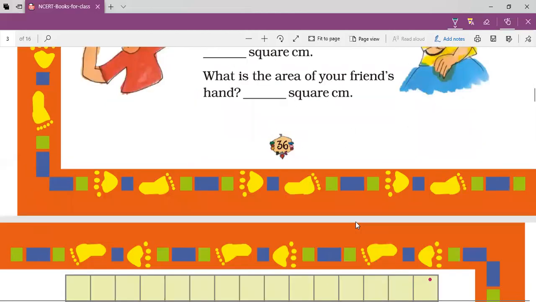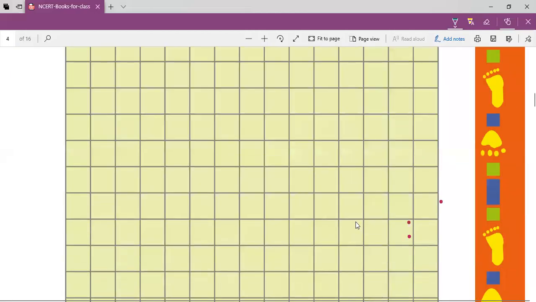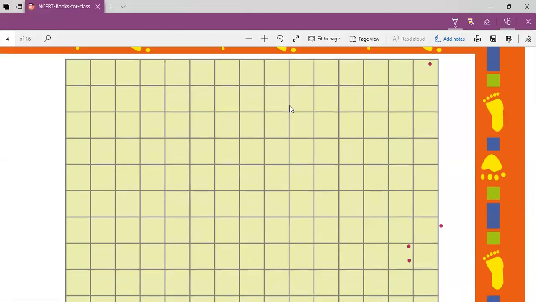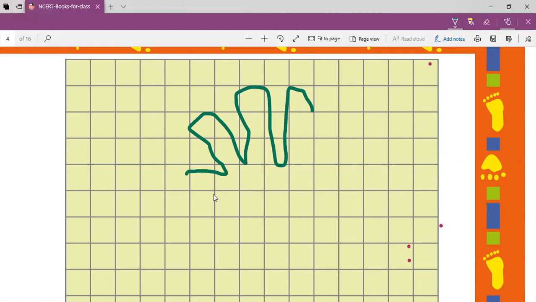When you draw your hand, draw it in such a way that it covers complete squares. If somewhere it is not covering a complete square, consider this. Think that this is your hand.